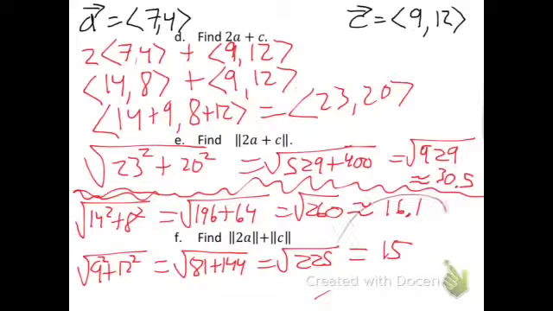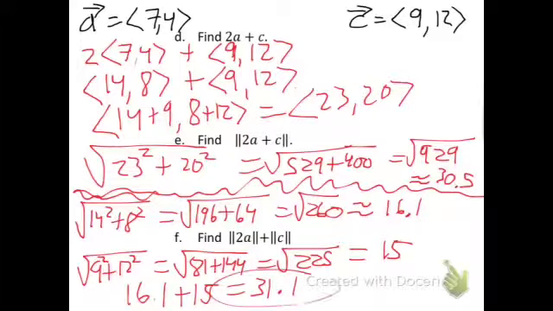And so when you add these two together, you're going to get your final answer for the whole assignment, which is 31.1. And if you notice, it's a little bit different from 30.5. There's just something else to notice about it.